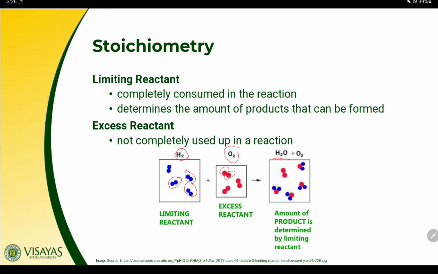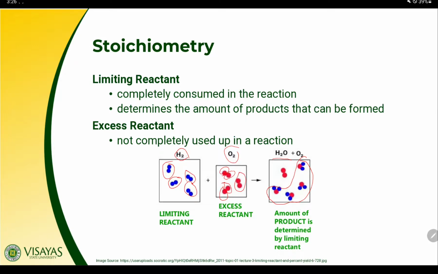We have another 2 hydrogens, or hydrogen gas, which combines with 1 oxygen to form another molecule of water, and we have the last hydrogen molecule here which combines with 1 oxygen to produce another water molecule. We have 4 water molecules formed here, and we have the remaining oxygen.